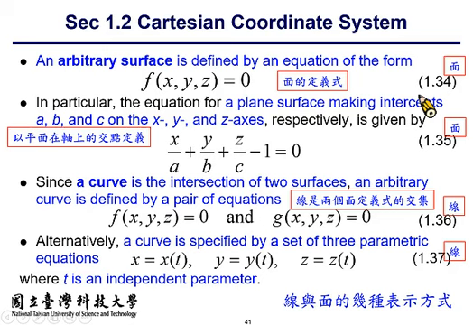It just tells you that a surface equation is a function involving description in all 3 directions, x, y, and z, and it can be determined as a function f of x, y, and z equals 0. And one example is equation 1.35. Note that 1.35 is a special equation that describes a planar surface.